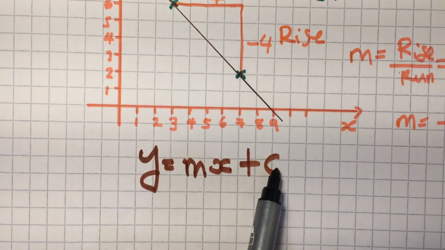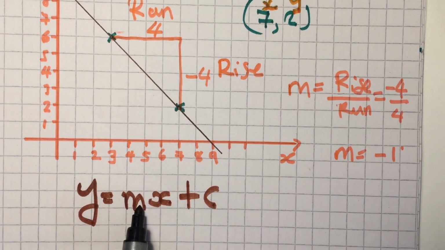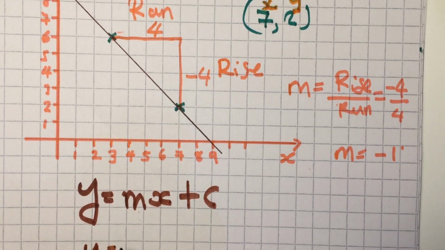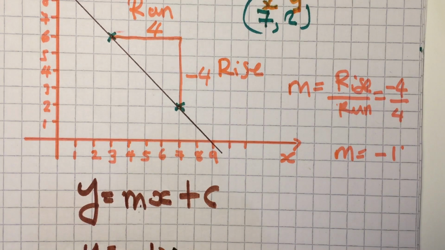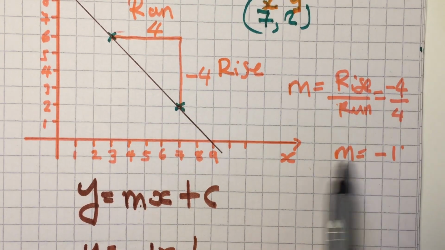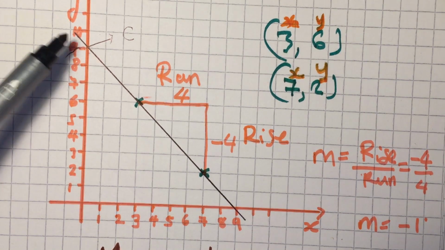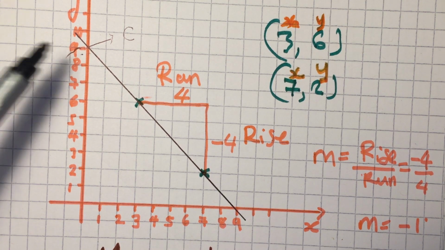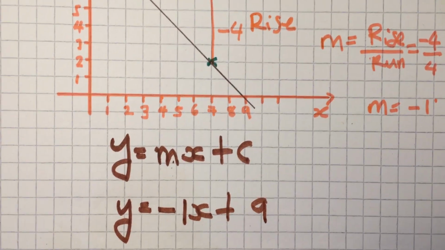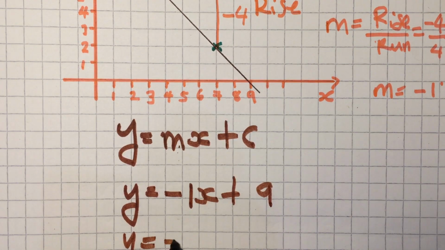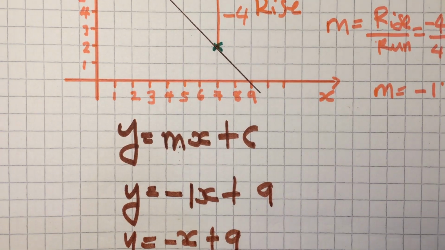I now know my m is minus 1, so the equation of my line is minus 1 times x, add my c. From the diagram, my c is 9, because that is where it cuts the y-axis. So my final equation of the line is y = -x + 9.